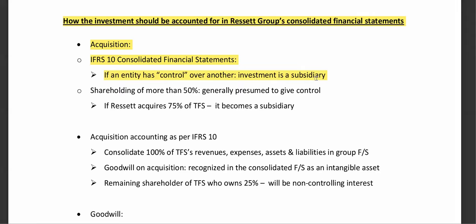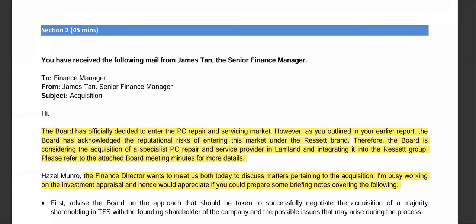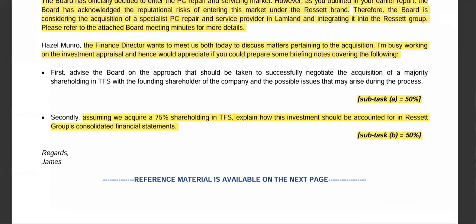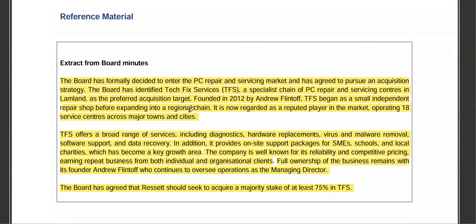We would not be discussing those aspects in today's masterclass, considering the limited time. And you don't need to go into that detail for this particular subtask, because it is very clear we are looking at acquiring a majority stake, which is a 75% stake, and the remaining 25% will be owned by one single individual, because we were told the company is fully owned by Andrew Flintoff.